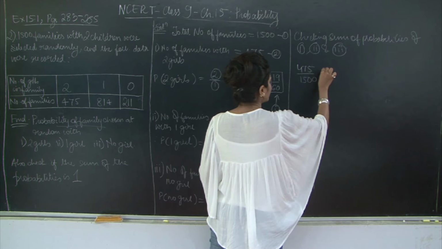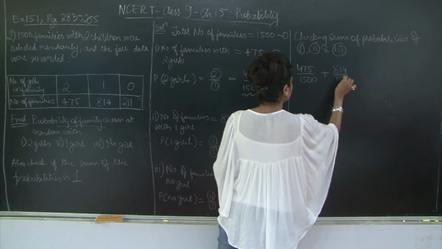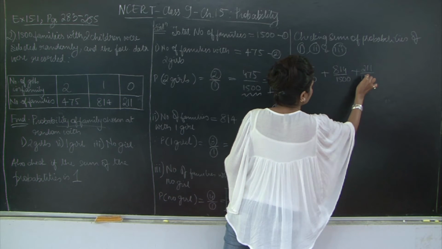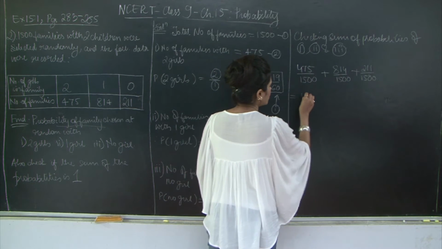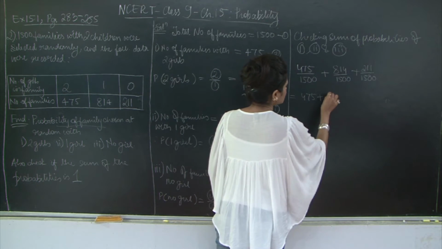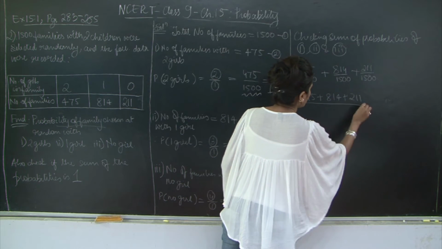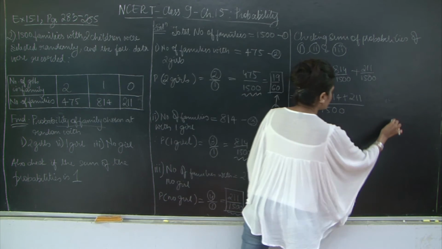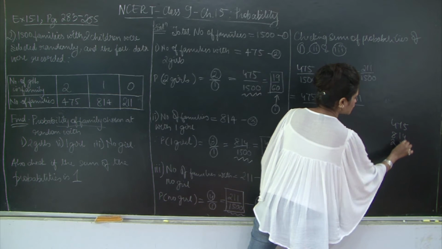So 475 upon 1500 plus 814 upon 1500 plus 211 upon 1500. Now since they have common denominators, I am going to put the numbers in the numerator together under one common denominator, which is 1500. So let's calculate 475 plus 814 plus 211.